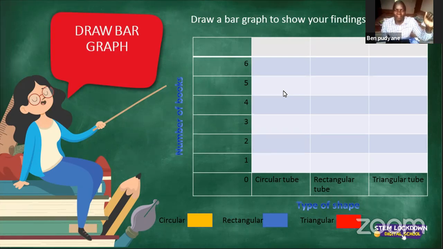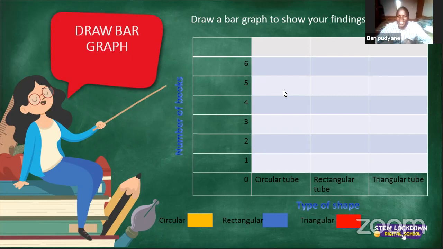All graphs have got the y and the x. Now, number of books is the y, and type of shape is the x. A graph must always have those two things.